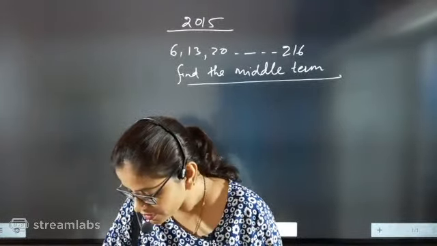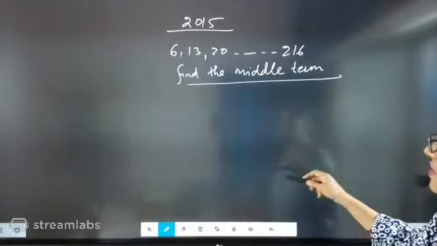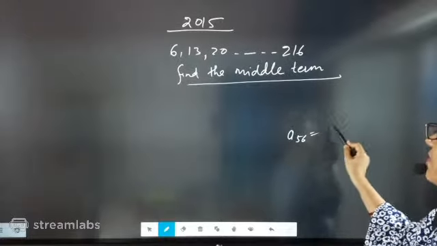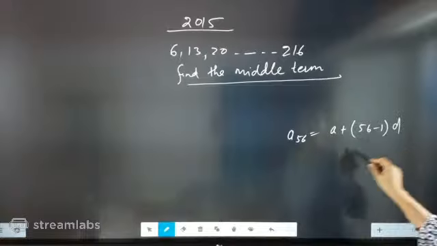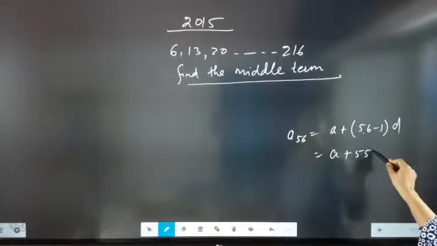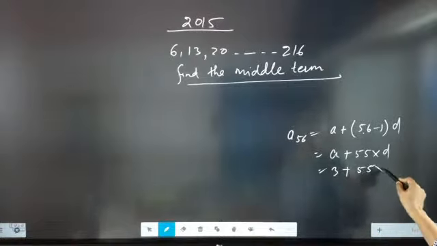Saran, 3 into minus 3 will not come. Look here, beta. When you are writing that 56th term, a56 will be equal to a plus 56 minus 1 into d. Then 56 minus 1 is 55 into d. a is 3, and then 55 into 3.